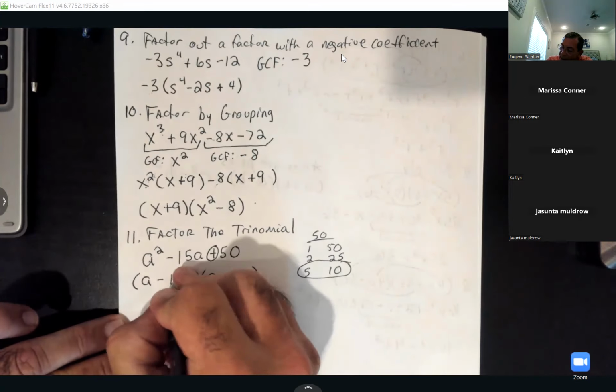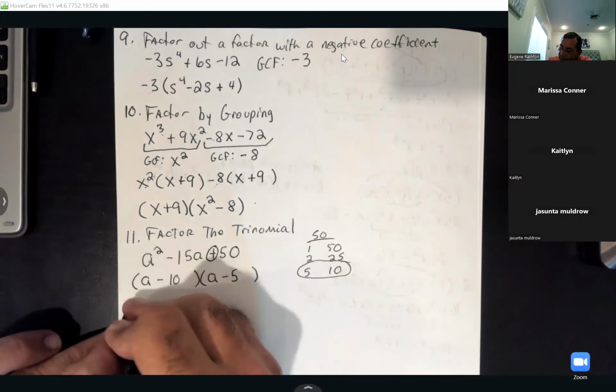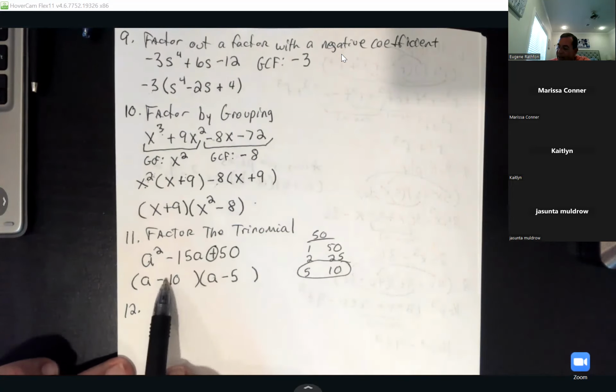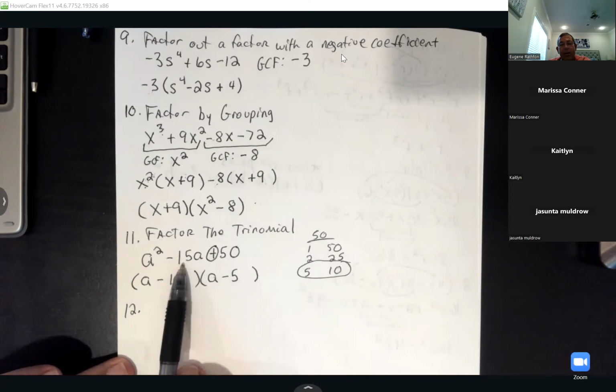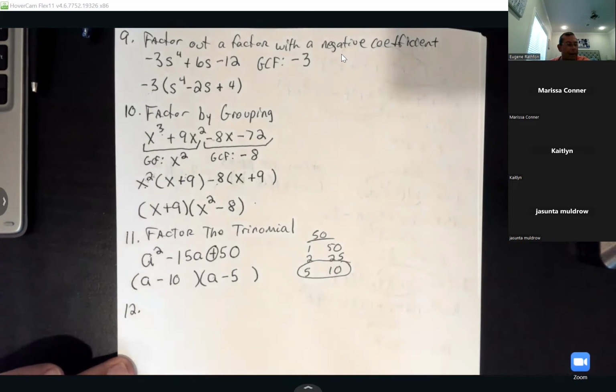So I put in my 10, put in my 5, and we're done. So to me, the trick on factoring is getting these signs. Now remember, if you wanted to check yourself, add your two numbers. Does negative 10 and negative 5 equal negative 15 in the middle? Yes. Does negative 10 times negative 5 multiply to give me the 50 at the end? Yes. Okay.